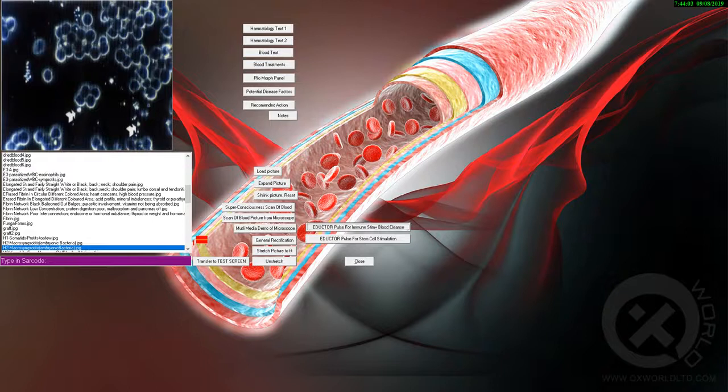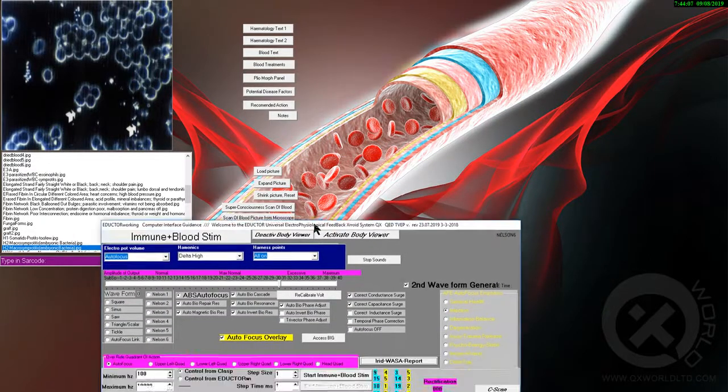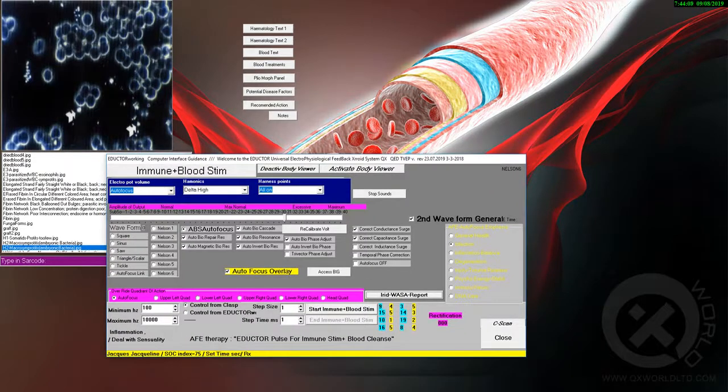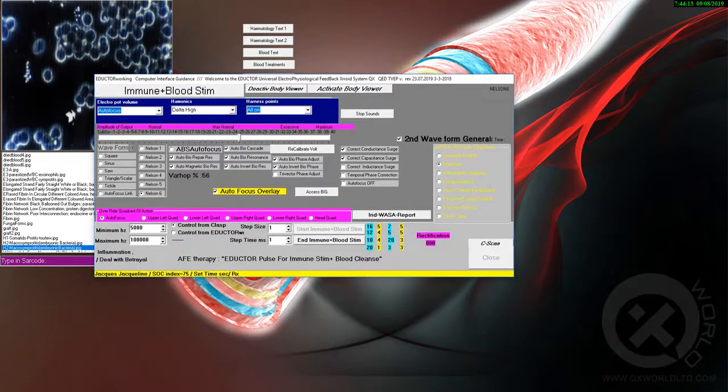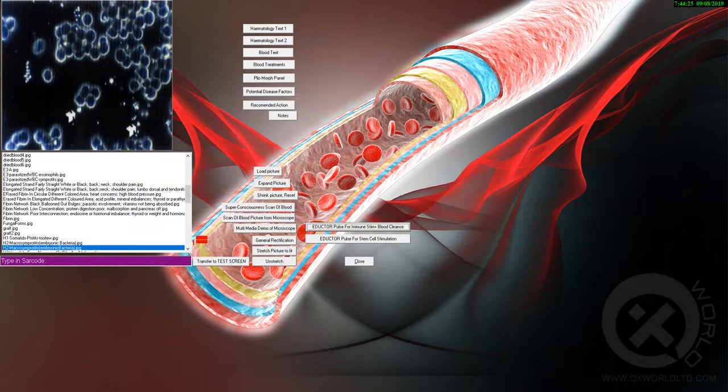And we have plenty of information here about how to balance the immune system. We can work on the immune system and through the blood, okay? And then again, we have the emotion here. And we always have the percentage of rectification. And we can close that. And then I can work on the stem cell.